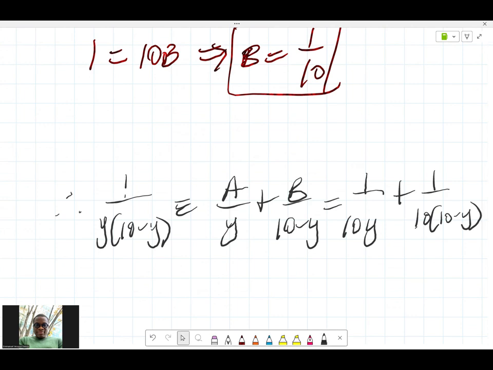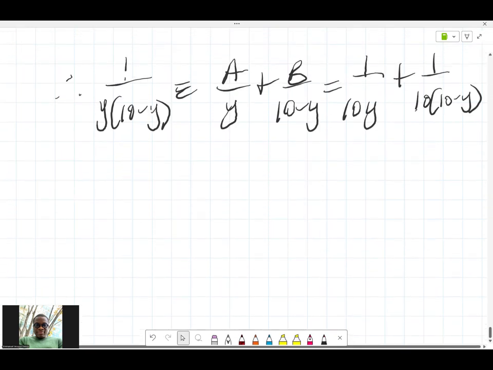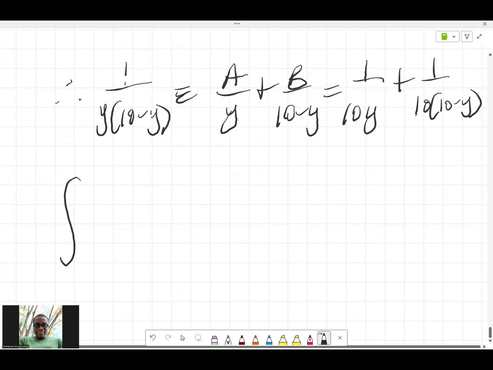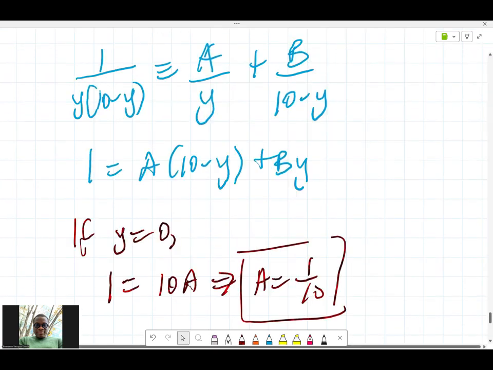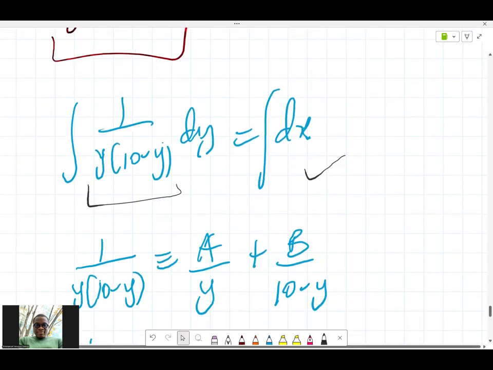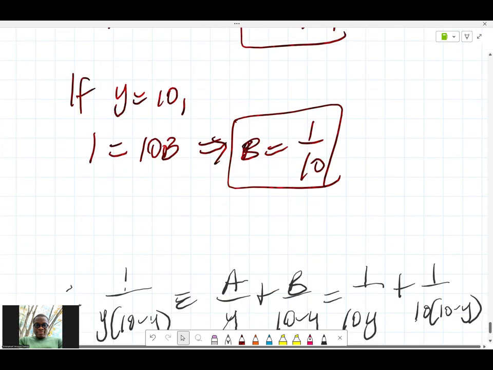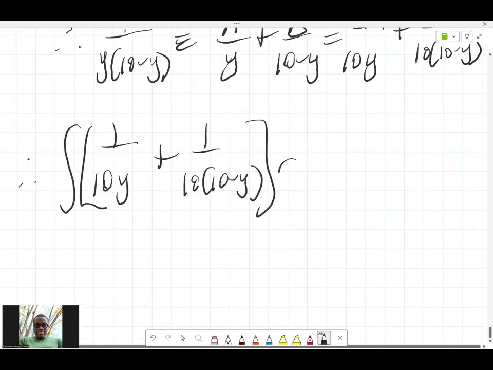That's what we have for that. So we can now integrate the integral of 1 over 10y plus 1 over 10 into (10 minus y), all of this with respect to y, is equal to the integral of dx.